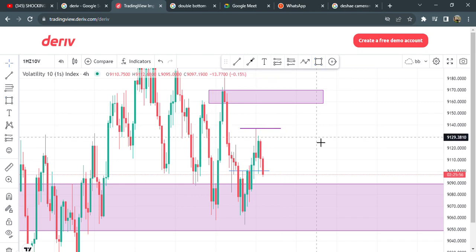So that is our new swing high. So for us to continue on an uptrend, it should break this swing high, and our swing low, you can see here, if it breaks there, it breaks here.